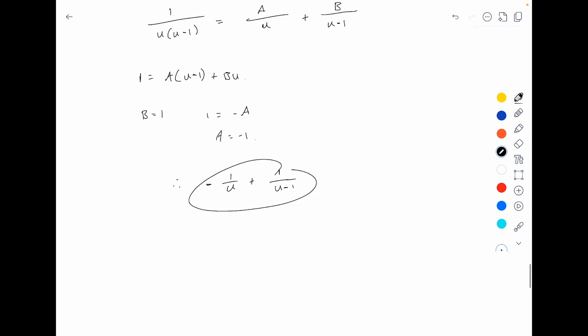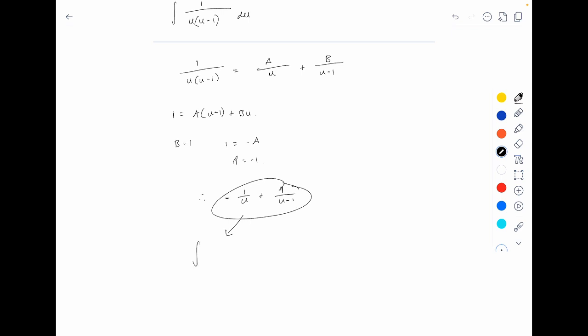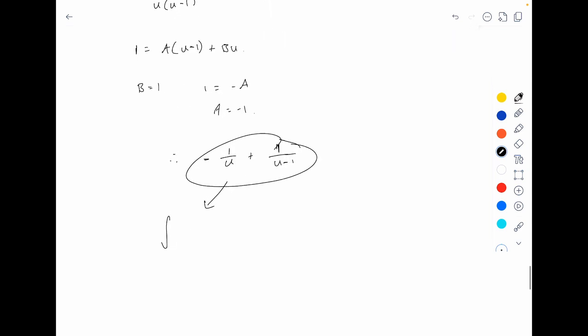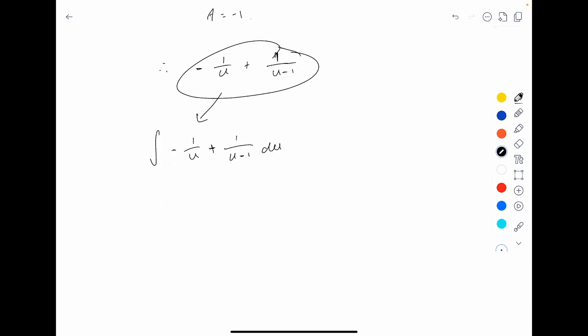So therefore, if we transform this now back into our original function, what we've actually got is the integral of negative 1 over u plus 1 over u minus 1 du.